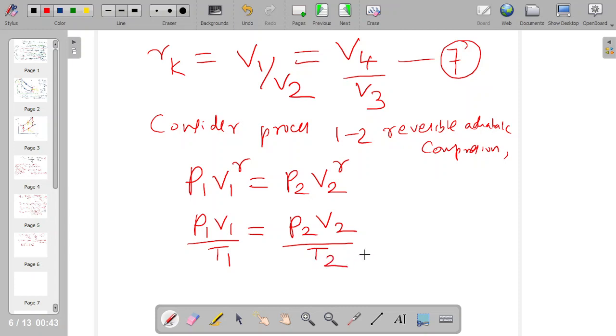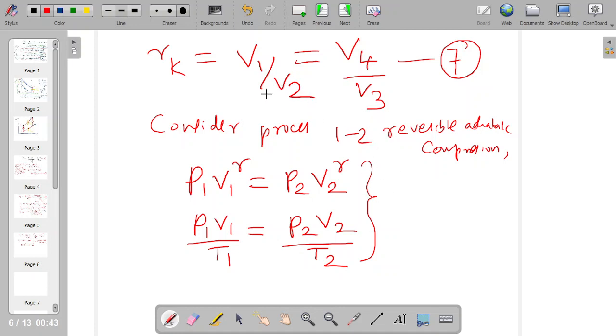So these are two equations holding for the first process, 1 to 2. One is the adiabatic equation, P1 V1 raised to gamma is equal to P2 V2 raised to gamma. Another one is the ideal gas equation, P1 V1 by T1 is equal to P2 V2 by T2.